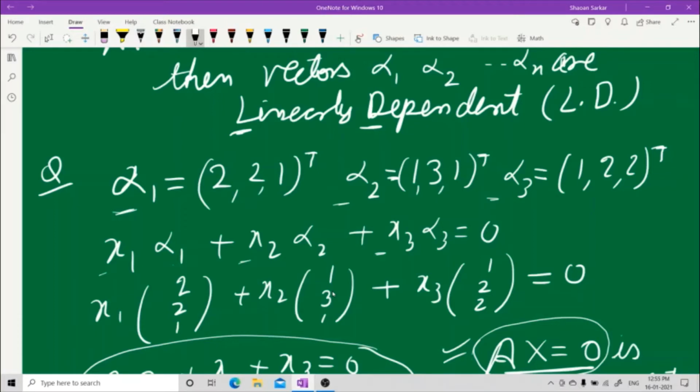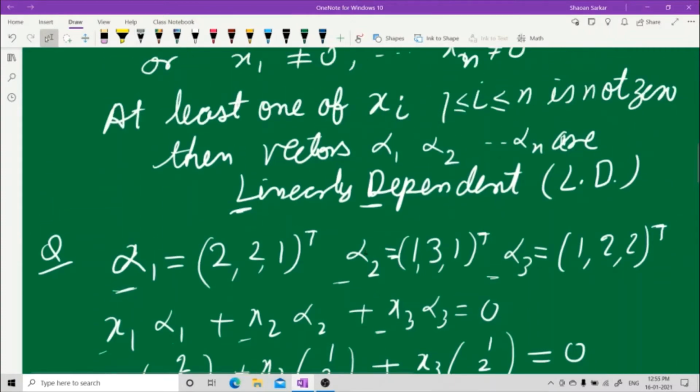If you denote the vectors using alphas, you write that alphas are the vectors and x's are the scalars. In some books, they may say x's are the vectors and alphas are the scalars. The equation remains the same. Now, instead of having x1, x2, and x3 here, you will have alpha 1, alpha 2, and alpha 3.